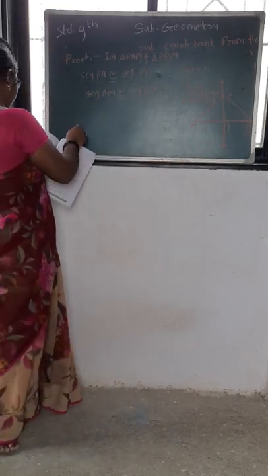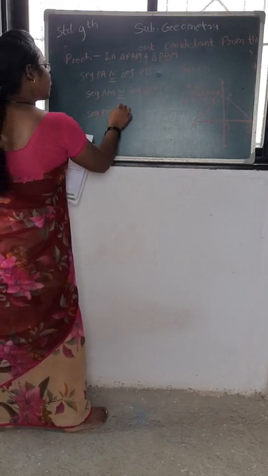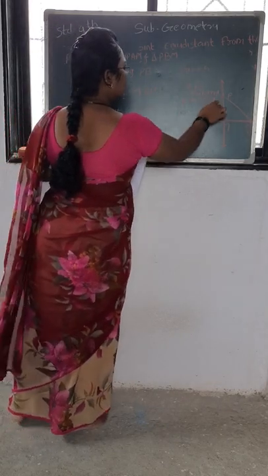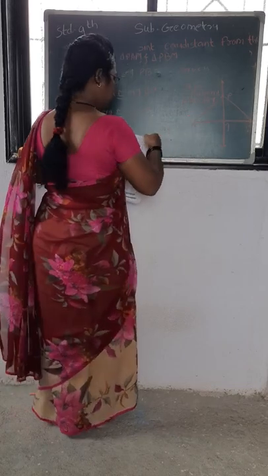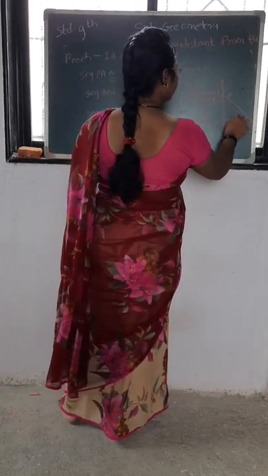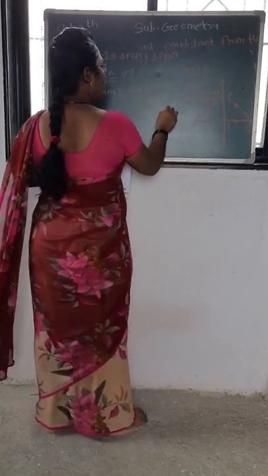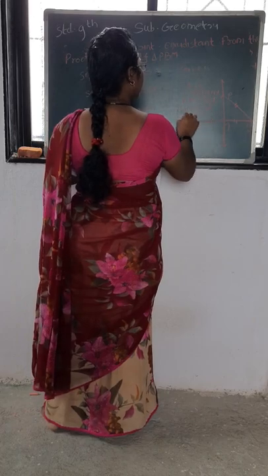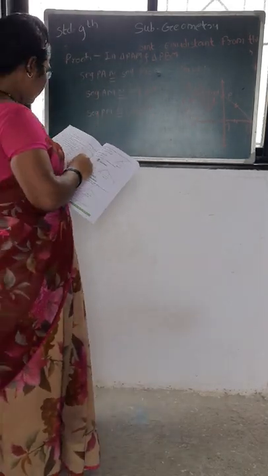Next, segment PM is congruent to segment PM, a common side of the two triangles.